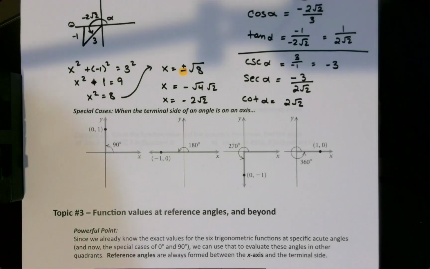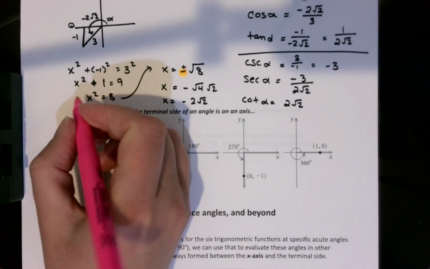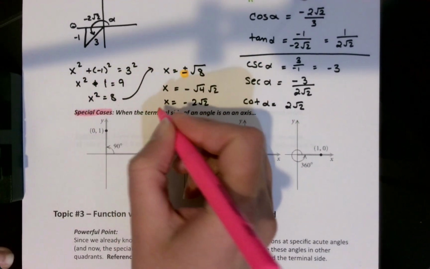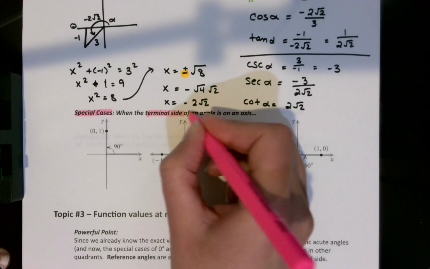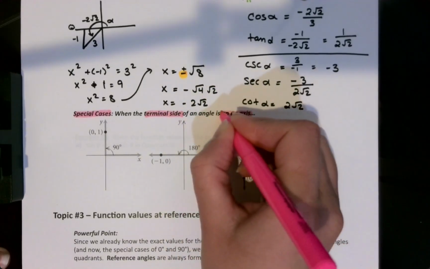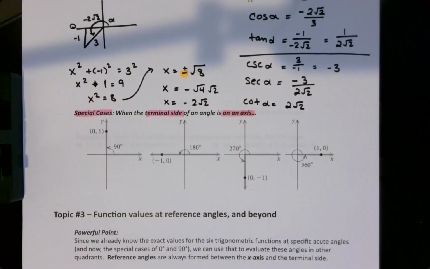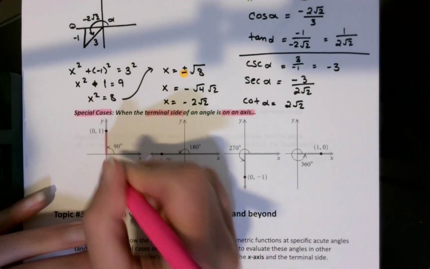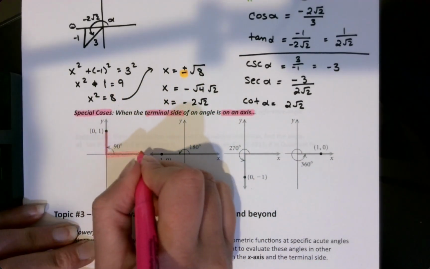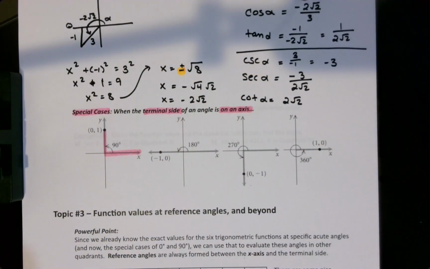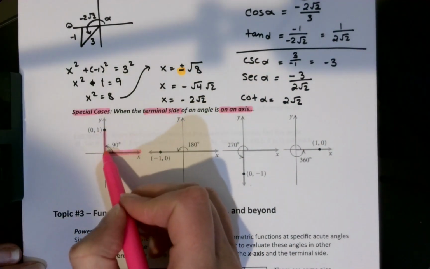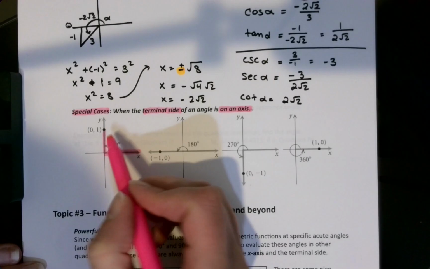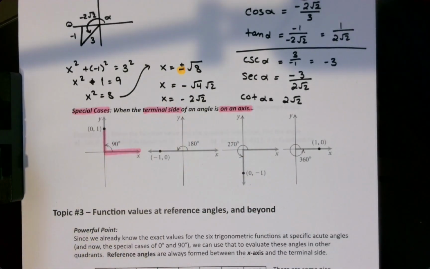The middle of the page is actually kind of important here, so I'm going to highlight this. We've got some special cases where the terminal side of an angle is on an axis. So in this case, my angle is 90 degrees because I have my axis right there as the other side of the angle. So I actually can't close the triangle.